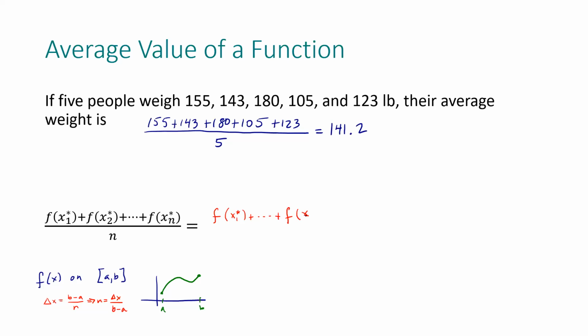So that sum of all those function values in the partition, sorry, b minus a over delta x is what I meant here. Sorry, I wrote that upside down.